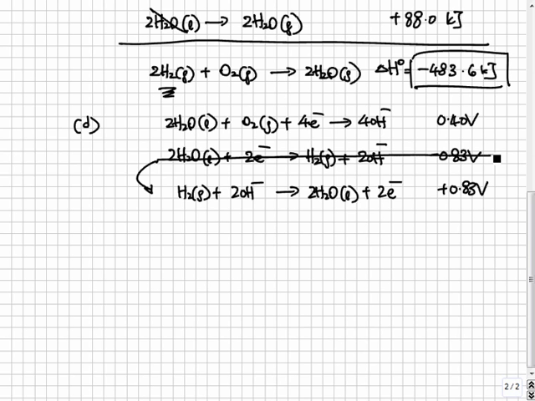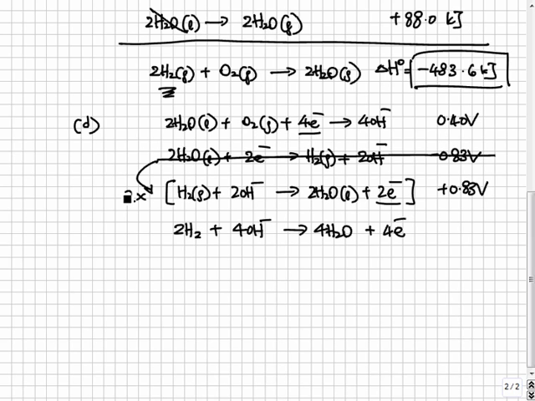But you see that the first step uses 4 electrons, but the second one uses only 2. So to balance out the number of electrons that are exchanged in this redox reaction, we must multiply the second by 2. And doing that gives me 2H2 plus 4OH minus going to 4H2O and 4 electrons.